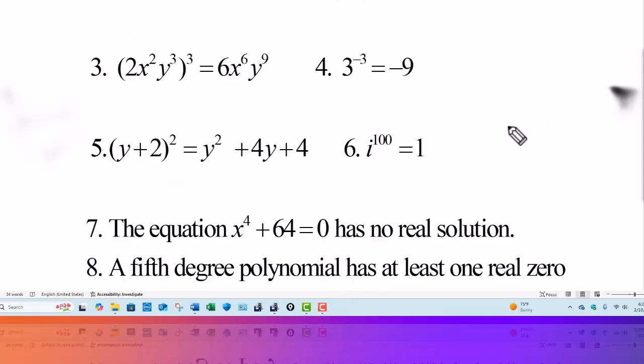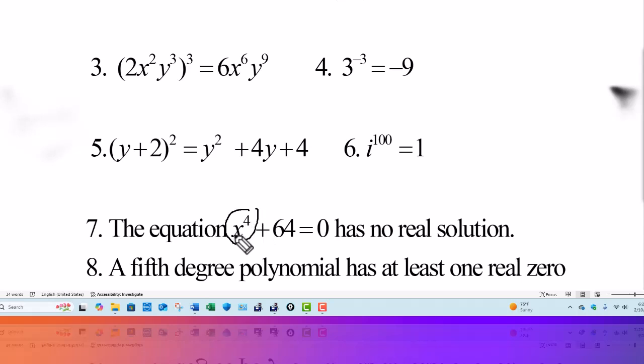So this one is true. For number 7, the equation x to the 4th plus 64 equals 0 has no real solution. So again, you've got x to the 4th, an even power. If you take any real number, and here we're dealing with real numbers, and take it to a 4th power, this will always be non-negative.